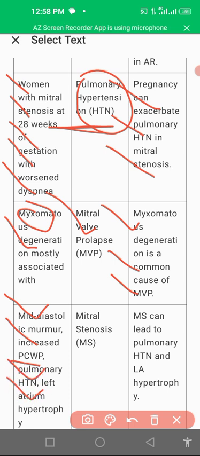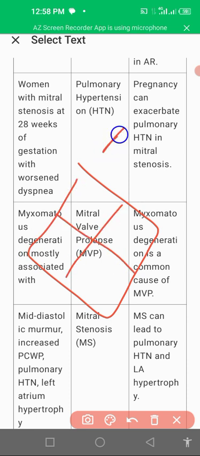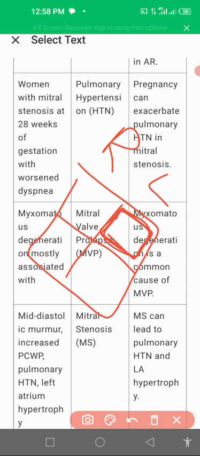Left atrial hypertrophy. Now just understand the concept. This is the heart, this is the right side, this is the left side. Left atrial hypertension is there, and the patient has a mid-diastolic murmur.